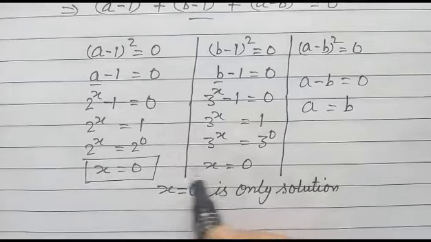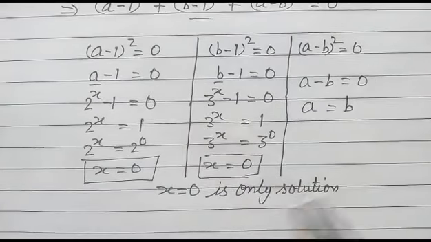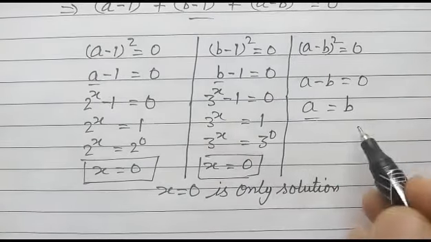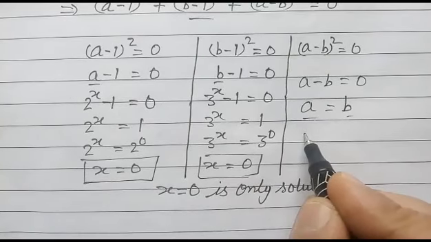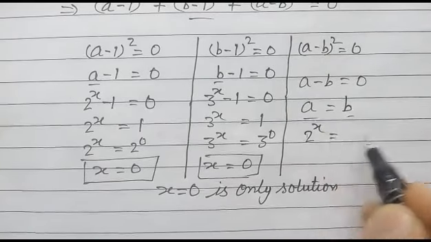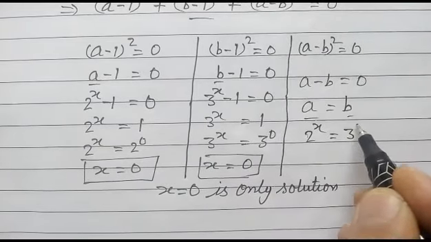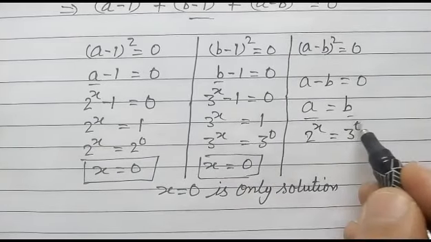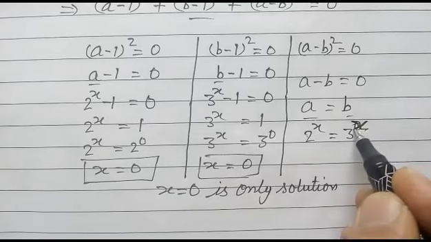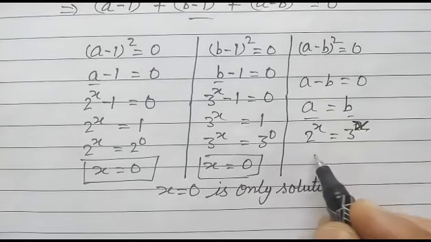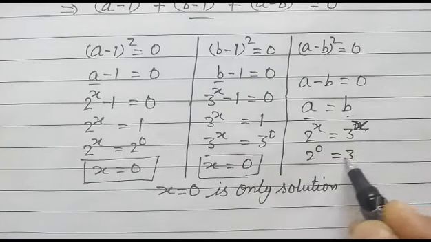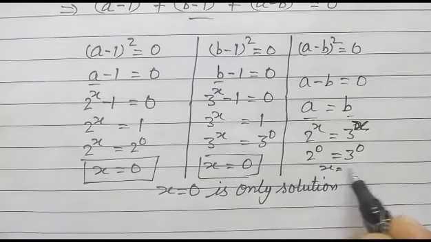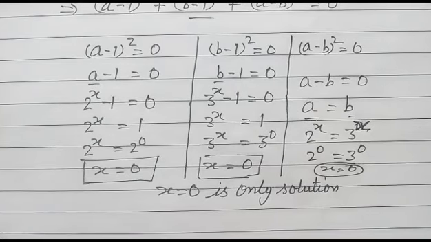So x is 0, and a is equal to b, so 2^x equals 3^x. This will be only possible when 2^0 is equal to 3^0, x equal to 0 also, right?